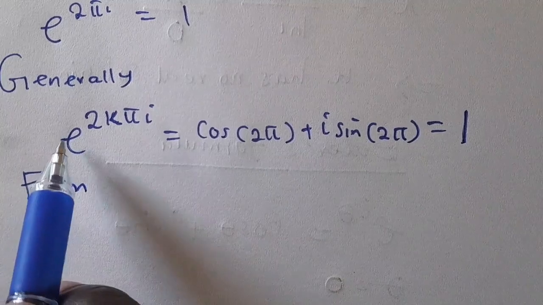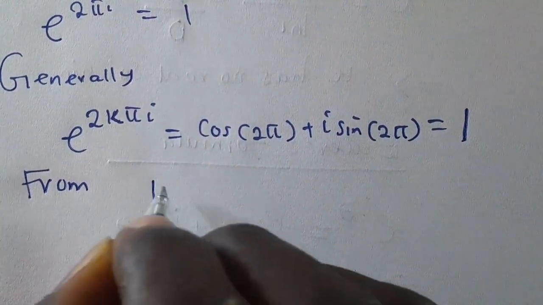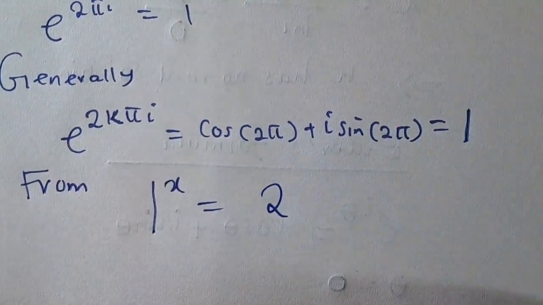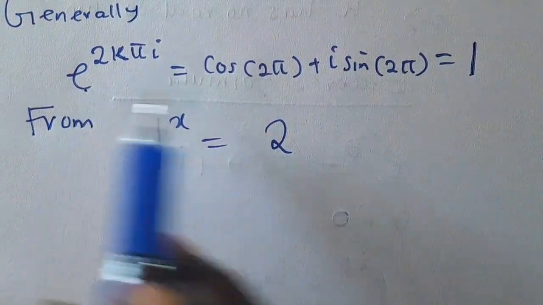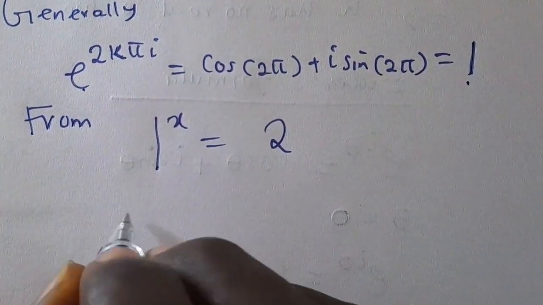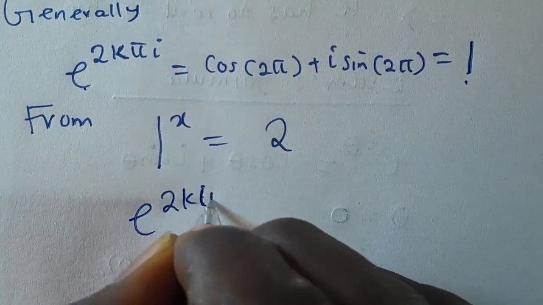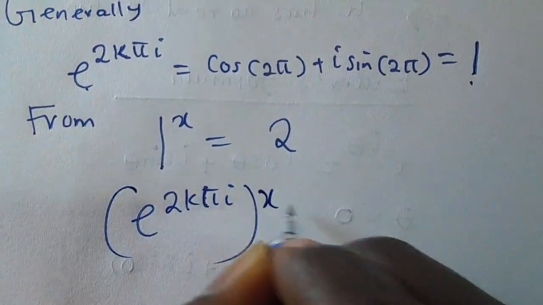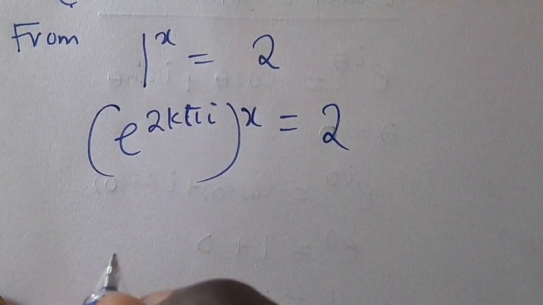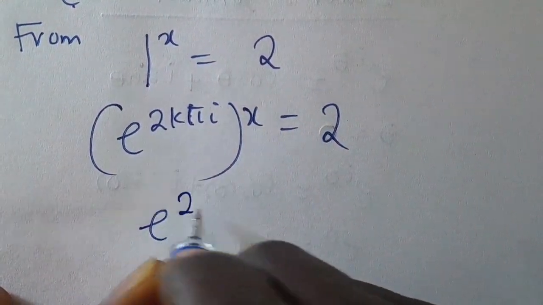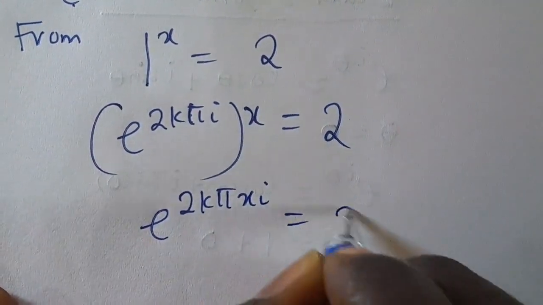Since we have proven this expression to be equal to 1, let us recall that we have 1 to the power of x equals 2. We can simply substitute 1 as e to the power of 2k pi i. So we have e to the power of 2k pi i, all to the power of x, equals 2. And so we also have e to the power of 2k pi x i equals 2.